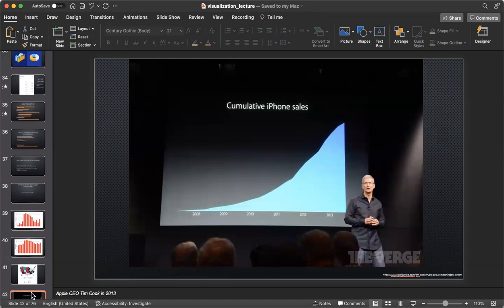In 2013, Apple CEO Tim Cook got in some trouble, at least. I'm a big fan of Apple products, but in 2013 he was showing cumulative iPhone sales over time. Can anyone guess why this may be misleading?